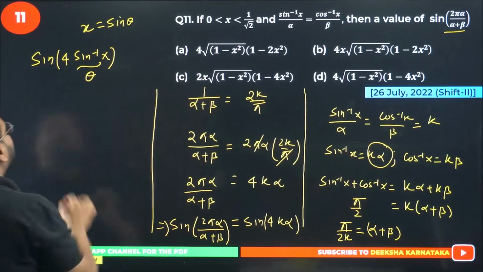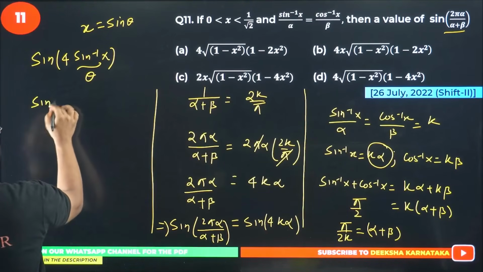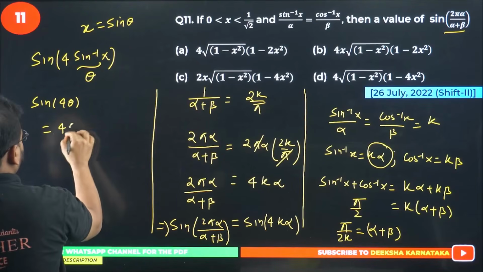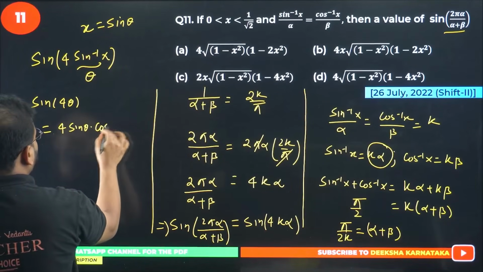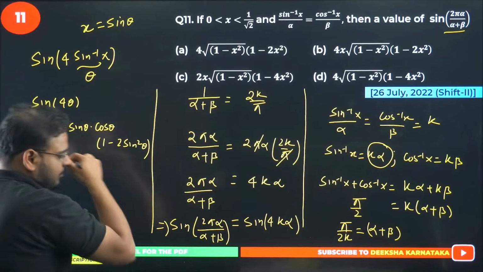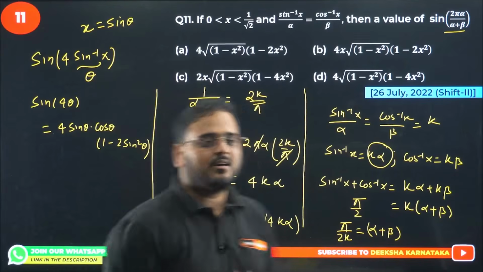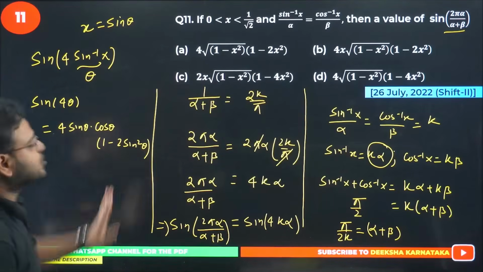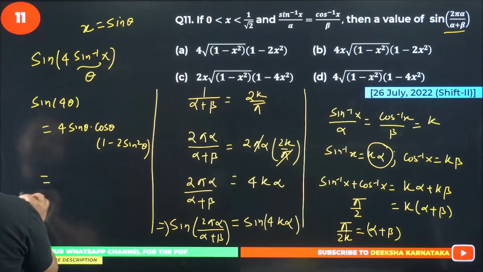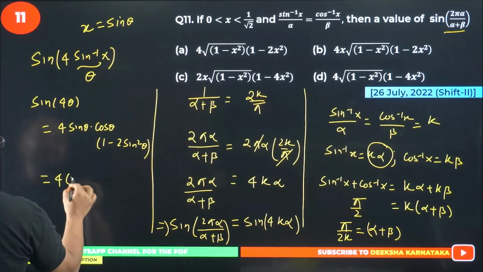We have the formula: sine of 4 theta can be written as 4 sine theta cos theta into 1 minus 2 sine square theta. That's the formula for sine 4 theta, one of the forms, which is over here. Check this out. I get this as 4 sine theta, which is nothing but x.